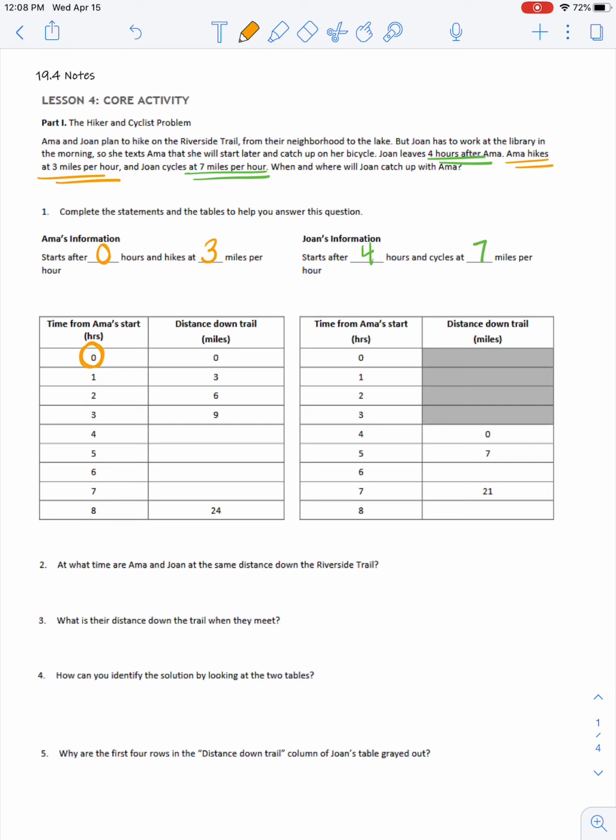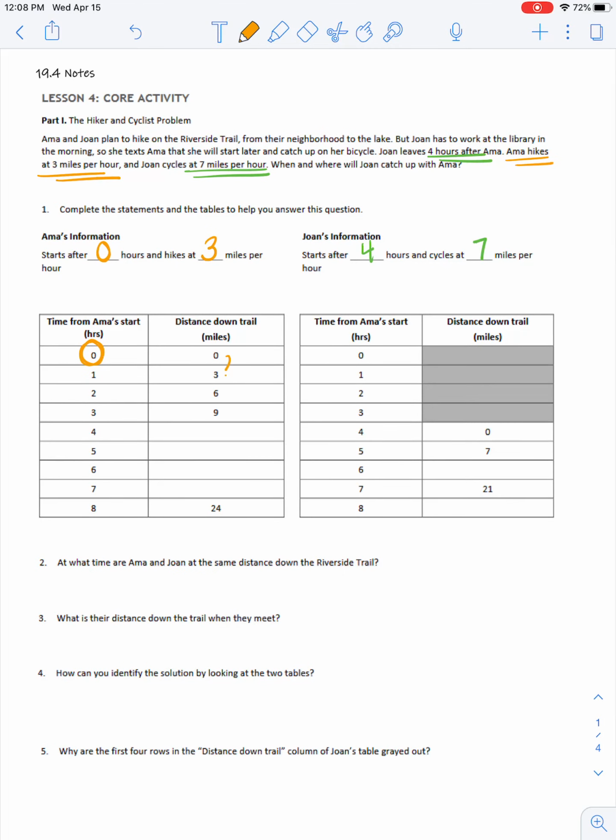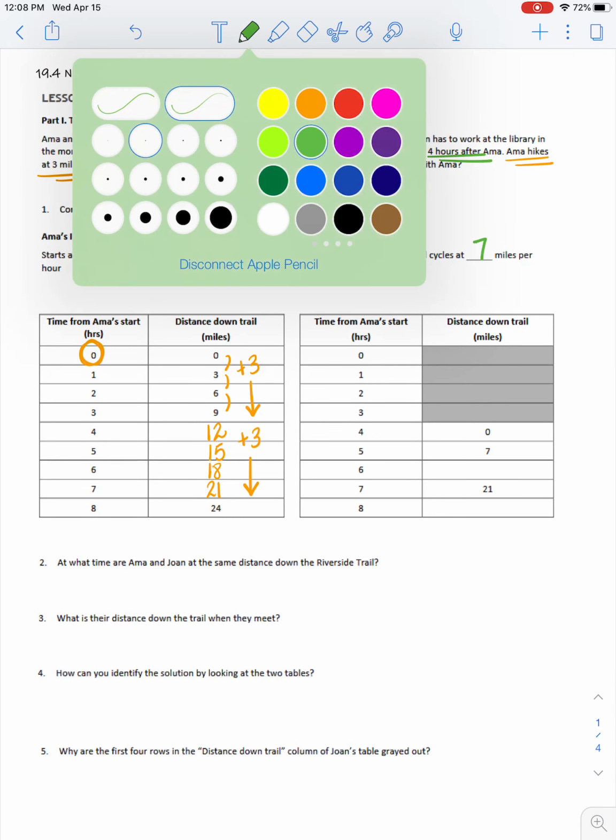Okay, we're going to use the miles per hour, which is actually the slope of our equations here, and we're going to fill in the rest of the table. So if we look at Amma's table, you can see that we have this pattern of +3, and that comes from the 3 miles per hour. And we're just going to extend that pattern and fill in the blanks. So 12, 15, 18, and 21. I'm just getting by adding 3 between each term.